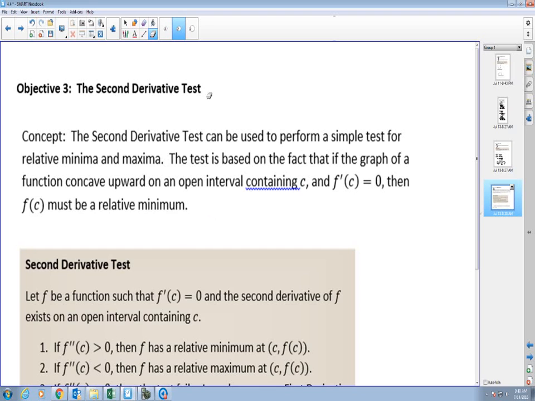So if I concave upward, wherever my f prime of c is equal to 0, that tangent line right there got to be the relative minimum. That's what this test is based off of.